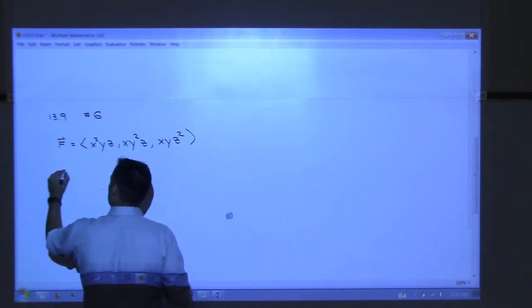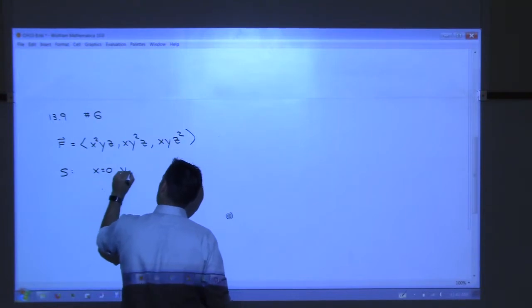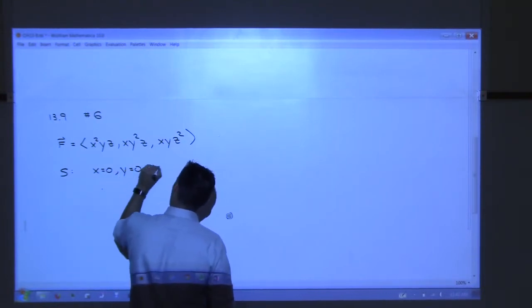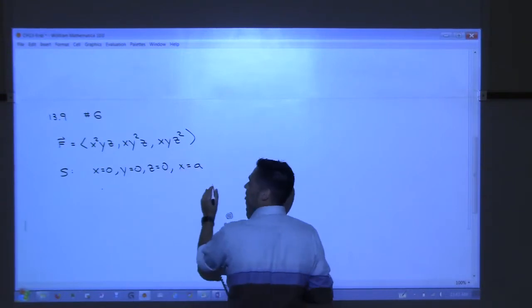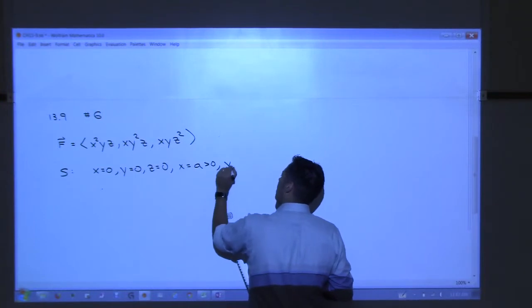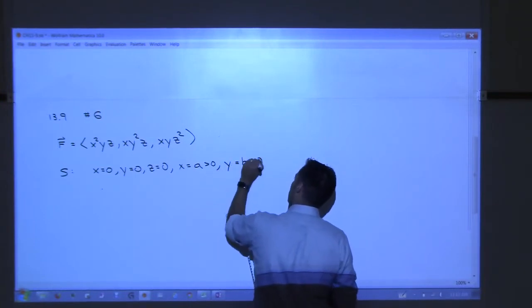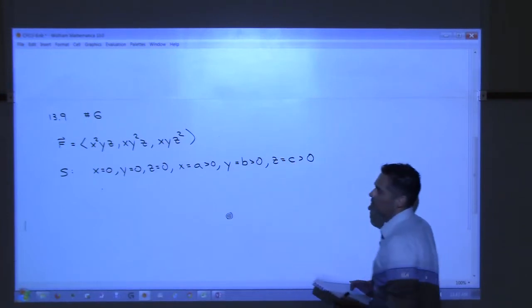You have x is 0, y is 0, z is 0. X is some constant a. They're not telling you what it is. That's greater than 0. Y is some constant b, which is greater than 0. And z is some constant c, which is greater than 0.